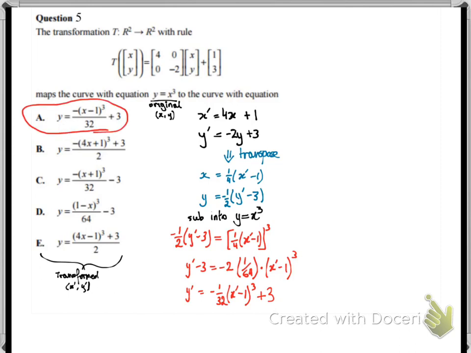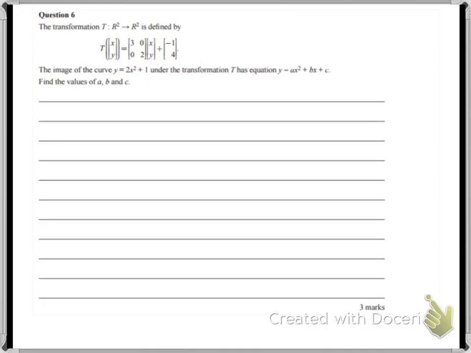Option A, absolutely. Fantastic. Okay, well, last question, but this time I'm posing this to you, and I'd like you to be able to do it yourself, in your exercise books. See how you go.